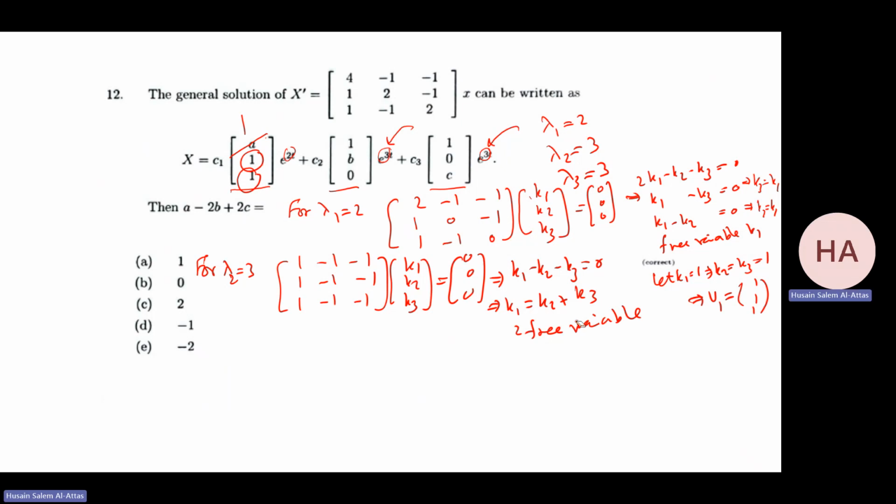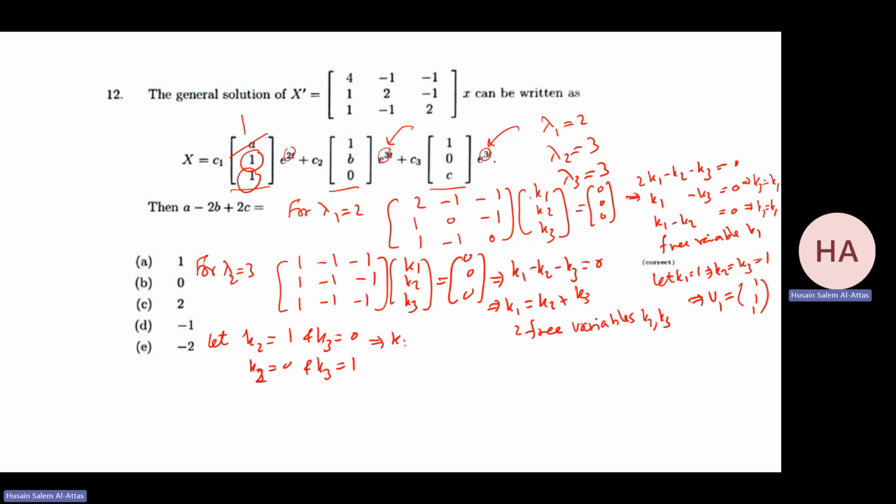Two free variables, yeah. Let me write it. Two free variables, okay. Now, what are the free variables? K2, K3. So I let K2 equal 1 and K3 equal 0, and then K2 equal 0 and K3 equal 1.